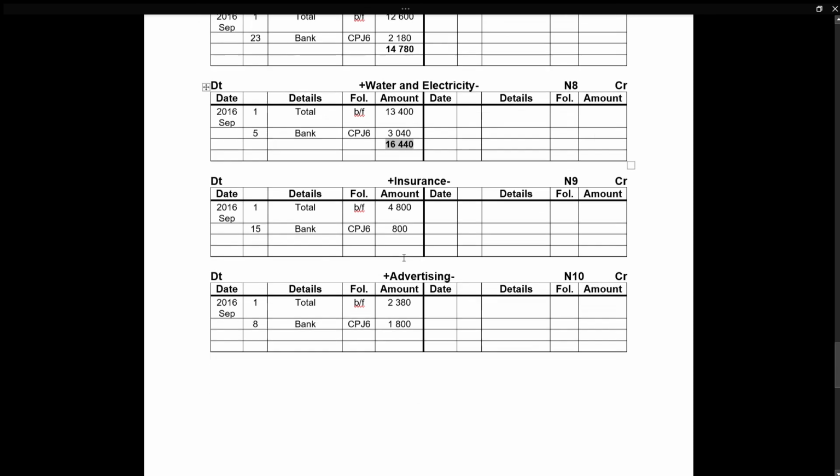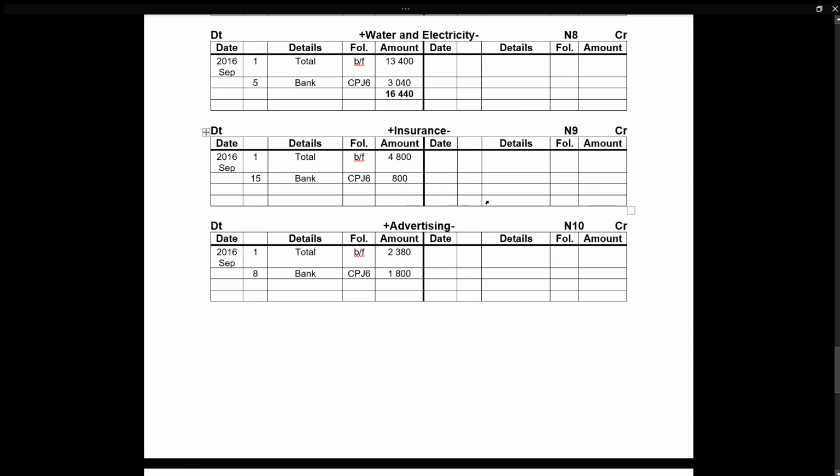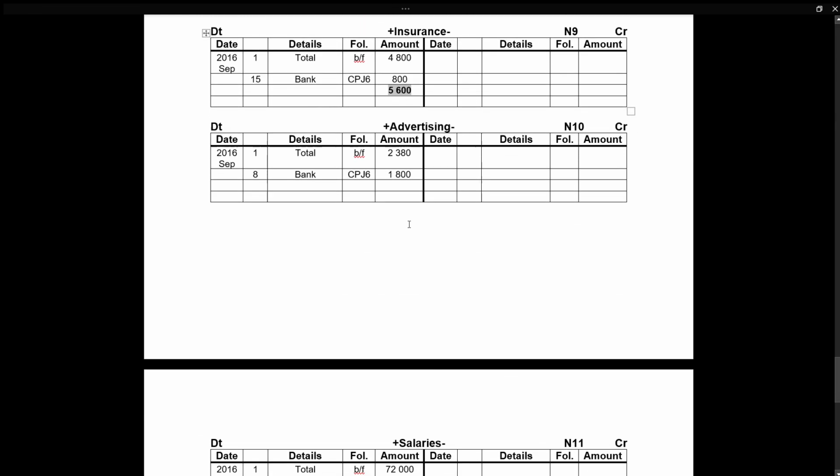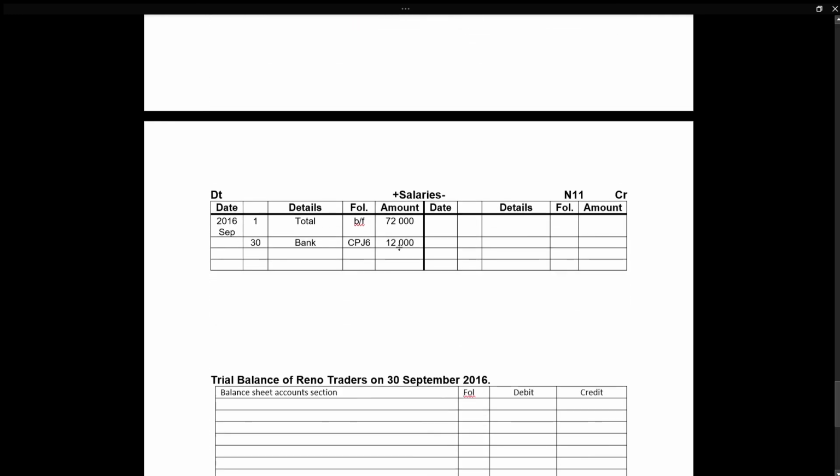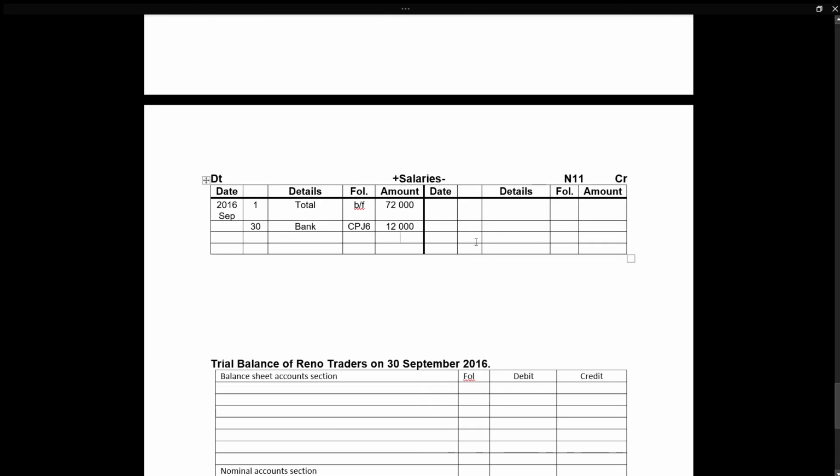Done. Insurance, one side's empty, therefore I'm not going to waste time by doing the whole thing, so I'm just going to total. Advertisement, same. 4,180 Rand. Salaries, same as well. 84,000 Rand, and you are done.